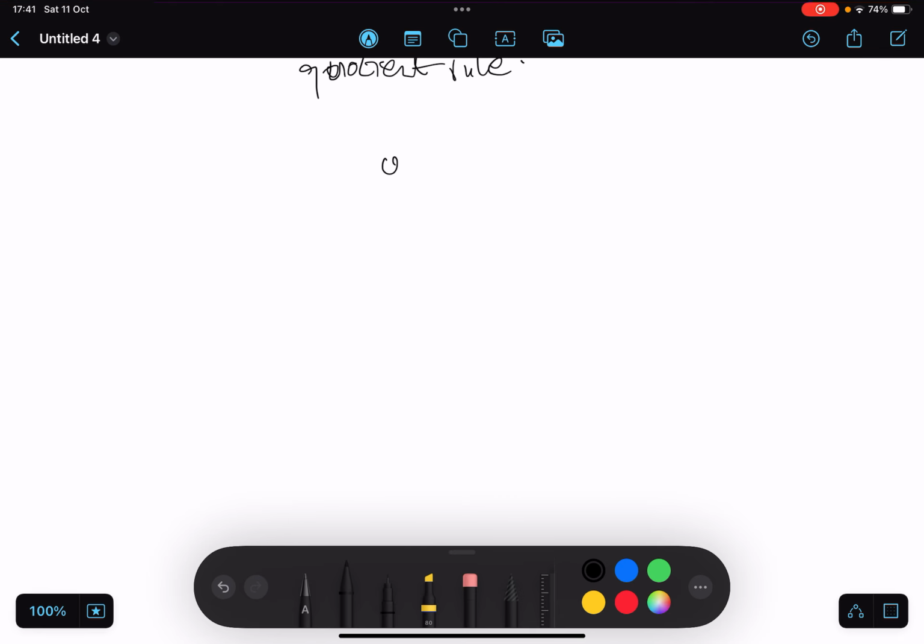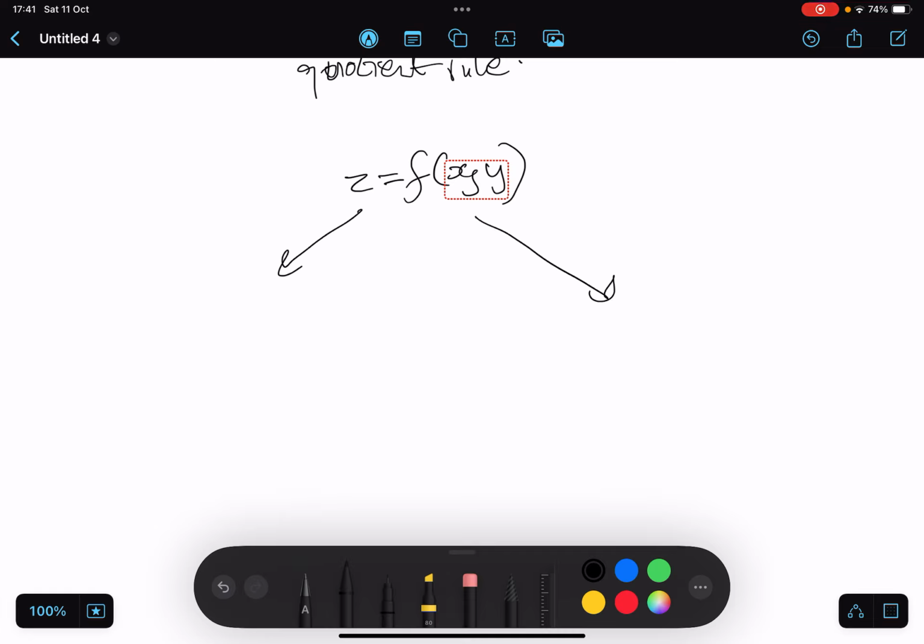Remember you have z is equal to f of x y, right? So you can differentiate this. You have dz dx and you have dz dy, right?